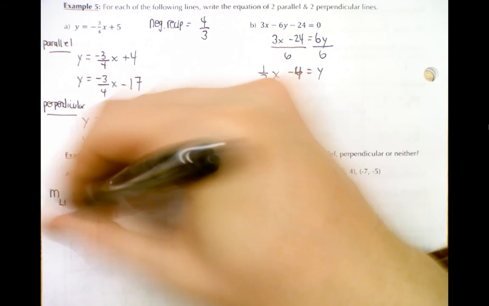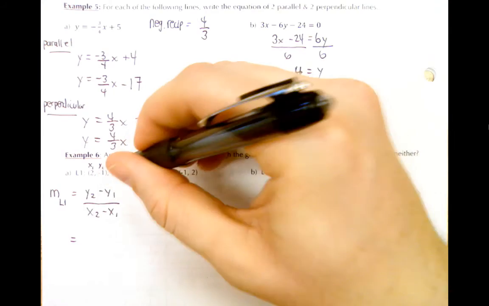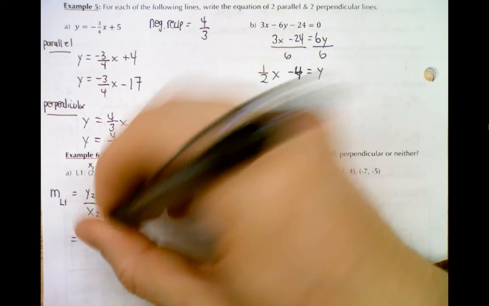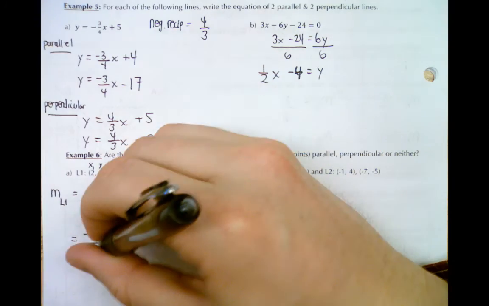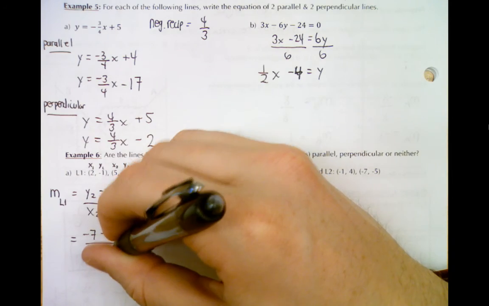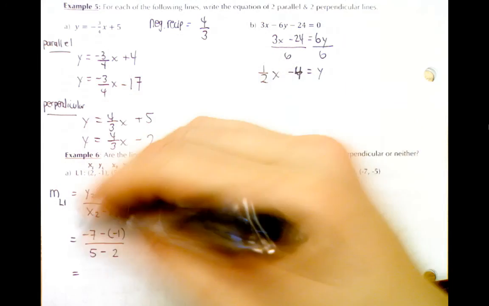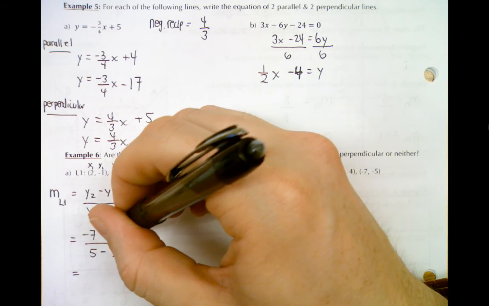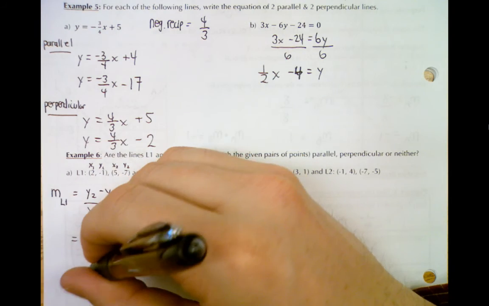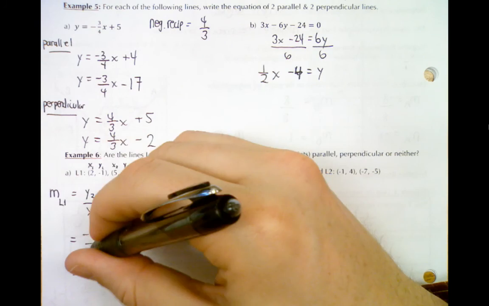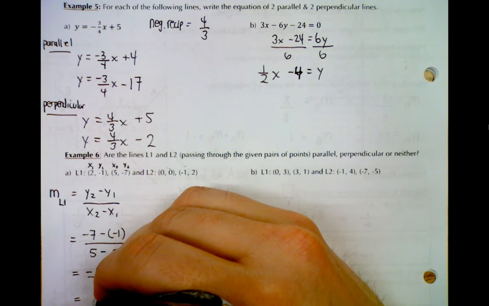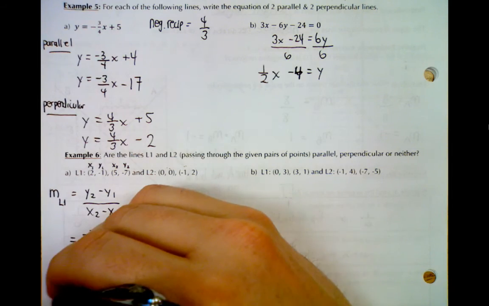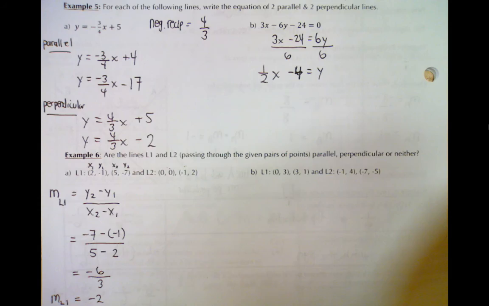If we plug these in, we'll get the slope of the line. y2 is -7 minus y1, -1, minus -1. x2 is 5, subtract x1, 2. -7 subtract -1 is like -7 plus 1, which is -6. And 5 minus 2 is 3. So our slope is -2. That's the slope of line 1.